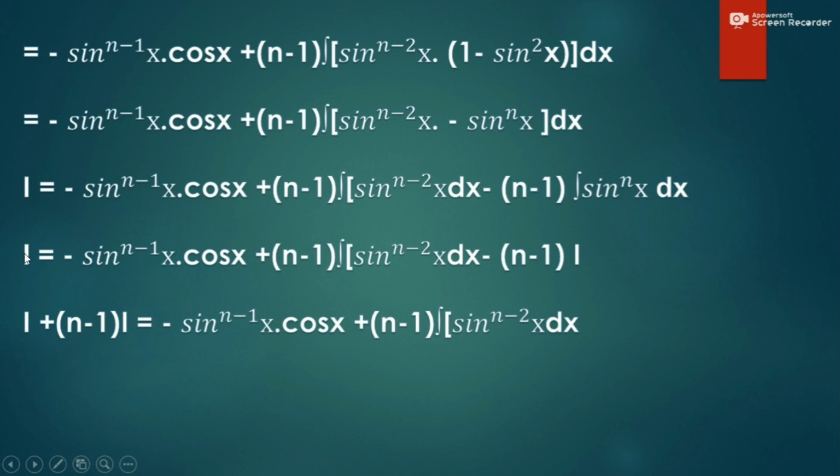Therefore I is equal to minus sin raised to n minus 1 x into cos x plus n minus 1 into the integral of sin raised to n minus 2 x dx, minus n minus 1 times this whole term as it is, where the integral of sin raised to n x dx is replaced by I. Then this minus n minus 1 into I goes to the right hand side, so it becomes plus. So I plus n minus 1 into I is equal to minus sin raised to n minus 1 x into cos x plus n minus 1 into the integral of sin raised to n minus 2 x dx.